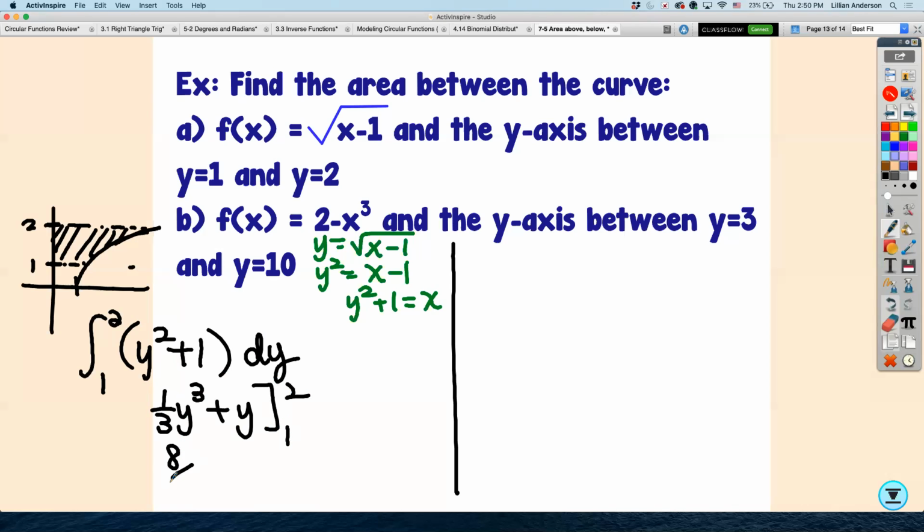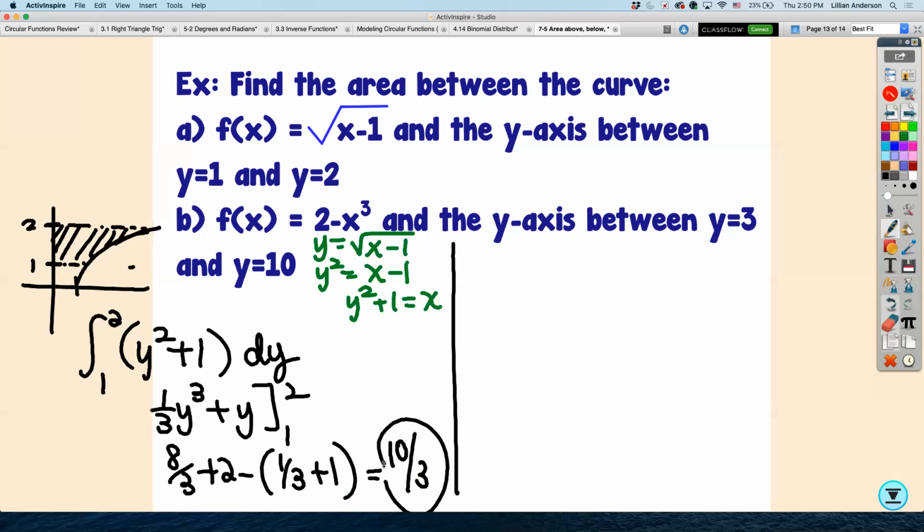So it's going to be 8/3 plus 2 minus 1/3 plus 1. Let's see, that's 7/3 plus 1. So 10/3.